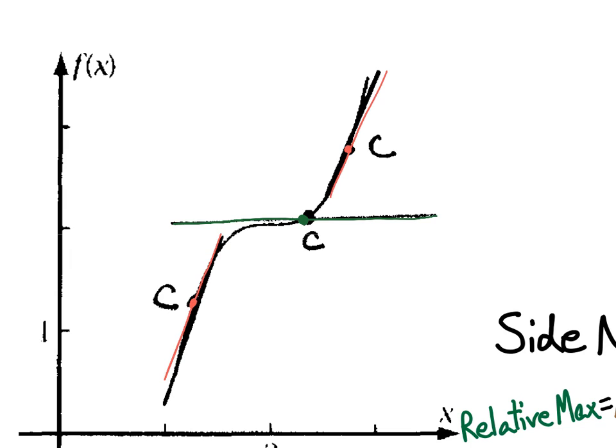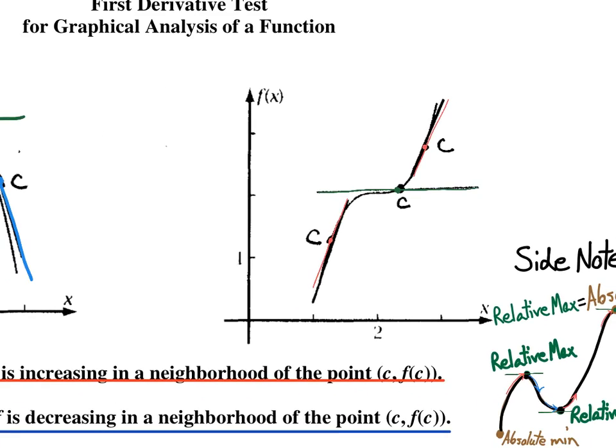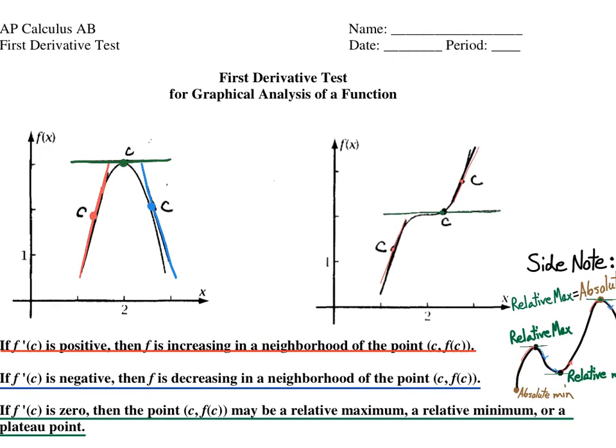Okay? Now let me just illustrate what we're talking about here. If I were to draw a sign diagram for these two graphs, okay, let's say that this happens at 2, my derivative would be positive, then 0 at 2, and then negative for this one.